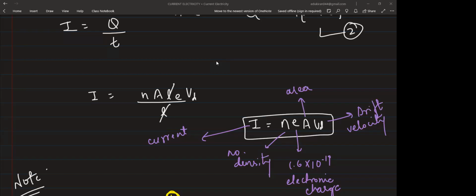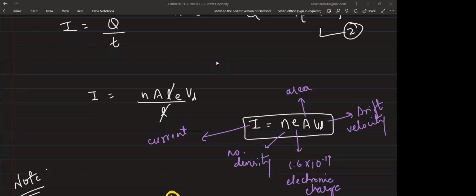Okay, just look at the formula. By looking at the formula, what do you think? Can you see proportionality or something? You don't know how to find proportionalities in a formula? No. Okay, I'll tell you.